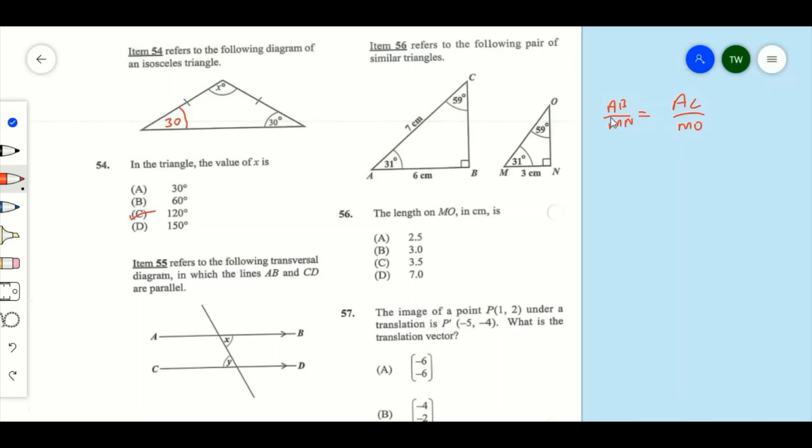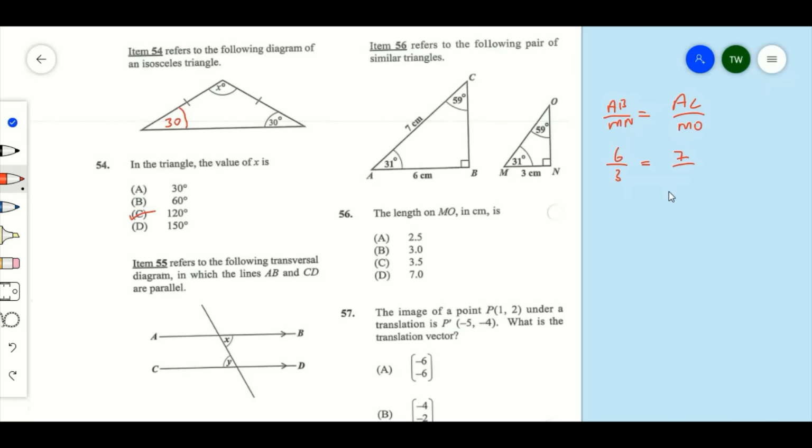Now what we're going to do is substitute the length for each side. So AB is 6 divided by MN, that's going to be 3, equal to AC, that's going to be 7 over MO.